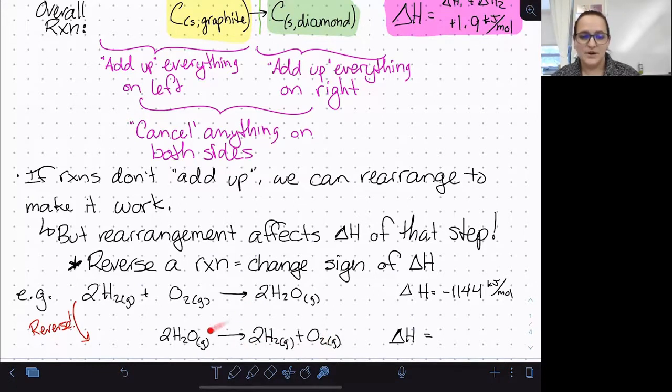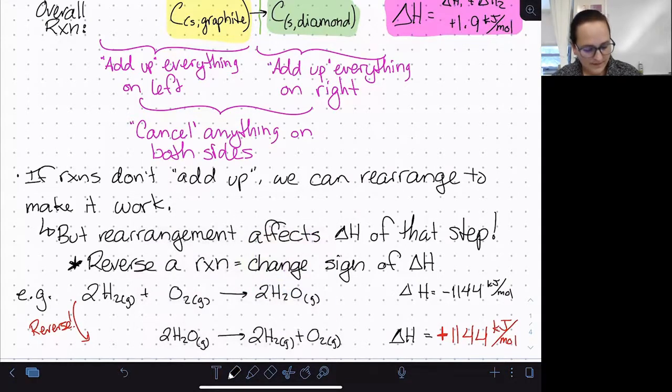So you can see my product became my reactant, my reactants became my products. So the new delta H for this revised reaction is positive 1144 kilojoules per mole. Same amount of heat is transferred, just in the opposite direction.